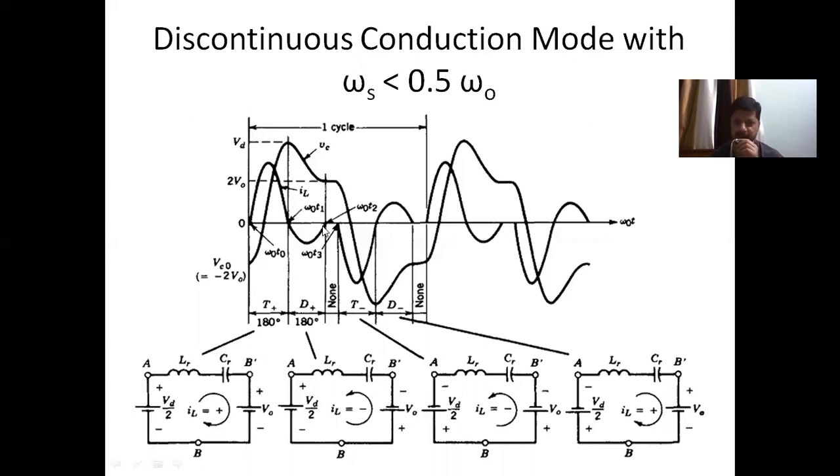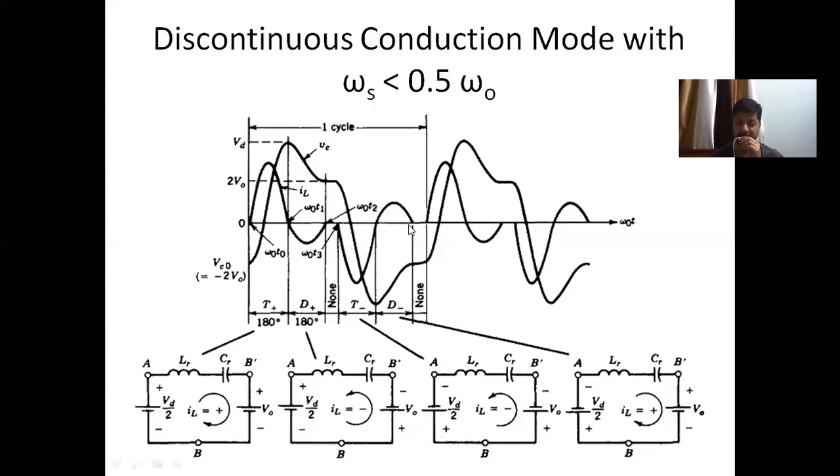At this instant, we are not turning on T minus, there is no path for the current to flow, so the capacitor maintains its voltage. Then T minus turns on, and this positive half cycle repeats in the negative direction. So this is one half cycle of the resonant frequency, one cycle of the resonant frequency.